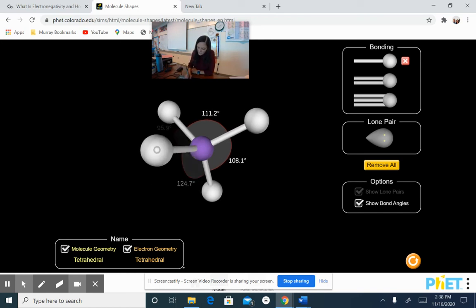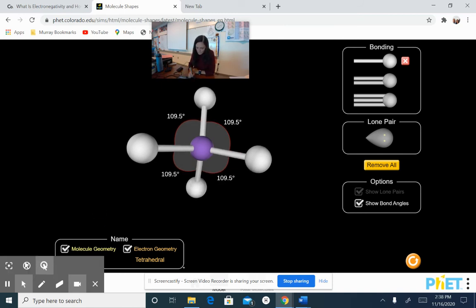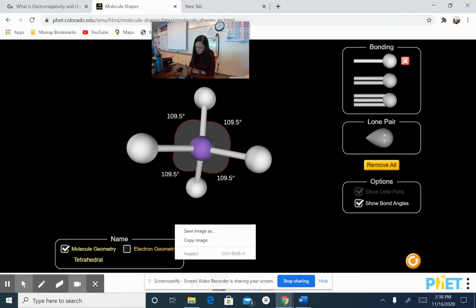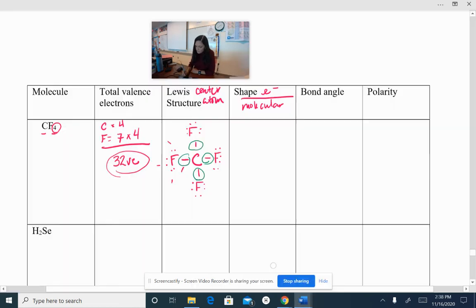So I have 4 single bonds. If I look at this molecule, my molecular geometry is tetrahedral, and my electron geometry is also tetrahedral. Okay? So when I fill out my paperwork, my electron geometry is tetrahedral.